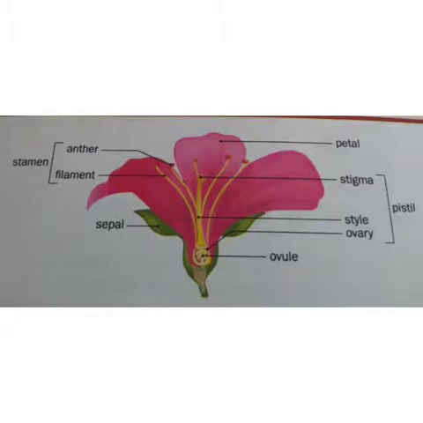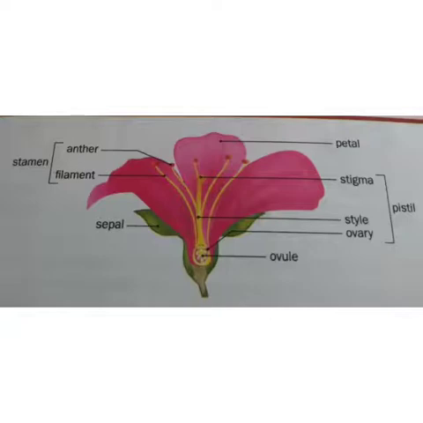This is a photo of a bisexual flower. These flowers contain both male and female reproductive parts, stamen and pistil of the plant. They are also called complete flowers. Tulip, rose and hibiscus are some examples of bisexual flowers.